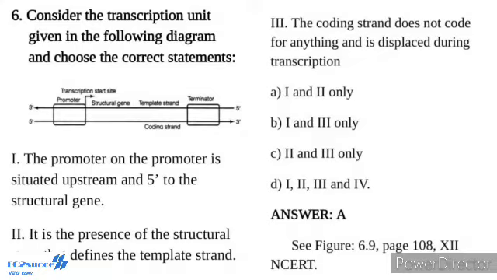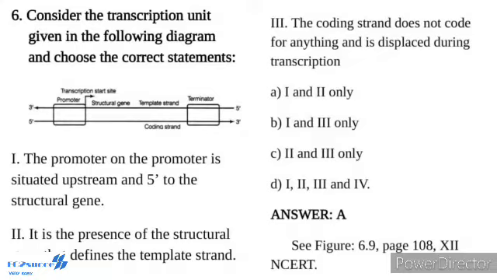A transcription unit in DNA is defined primarily by three regions in DNA: a promoter, the structural gene, and a terminator. There is a convention in defining the two strands of the DNA in the structural gene of a transcription unit.